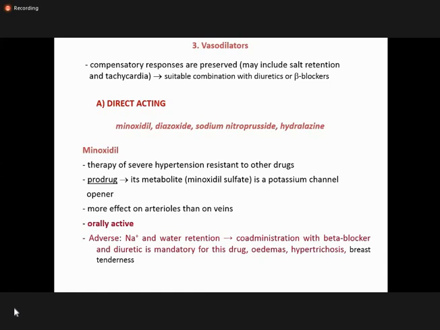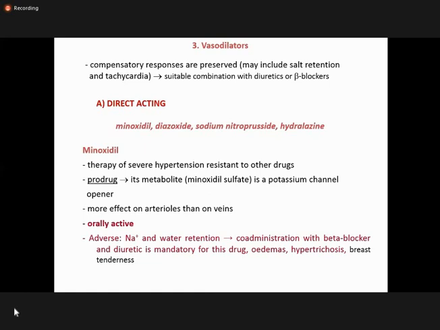And second, when there is decreased cardiac output and decreased blood pressure, a decreased amount of blood will reach the kidney, so it will stimulate the renin-angiotensin-aldosterone system that will lead to salt and water retention. So that is why, if we are using vasodilators, because of water retention or reflex tachycardia, it is recommended to give a combination with either a diuretic or beta blockers with vasodilators.